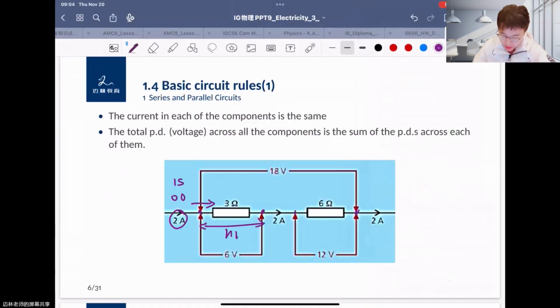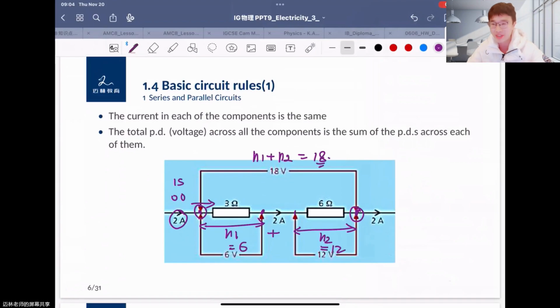And between these two points there is a height difference of H2, right? From the first point to the last point, the total height difference is H1 plus H2. So H1 plus H2 equals 18, H1 equals 6, and H2 equals 12, okay?